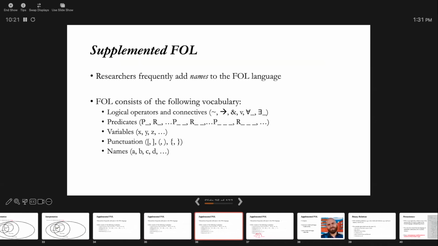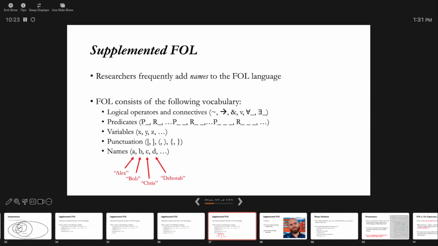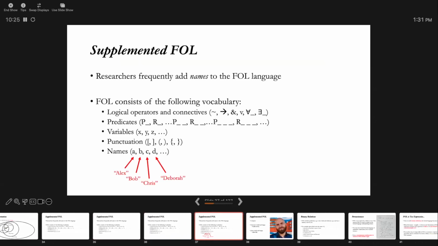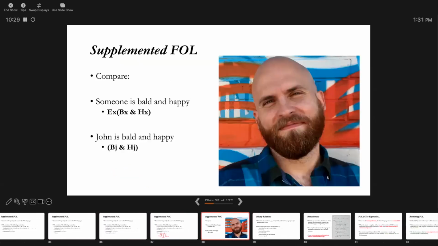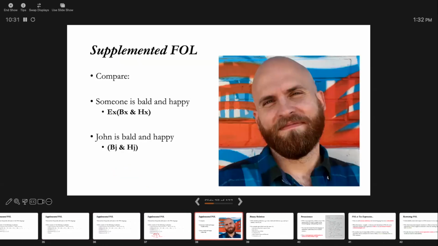We could use Alex, Bob, Chris, Deborah, just lowercase letters is what we use. There I am. Someone is bald and happy. True. I am also true. In fact, me being bald and happy, with a little lowercase j representing me, entails that someone is bald and happy, but not the other way around.